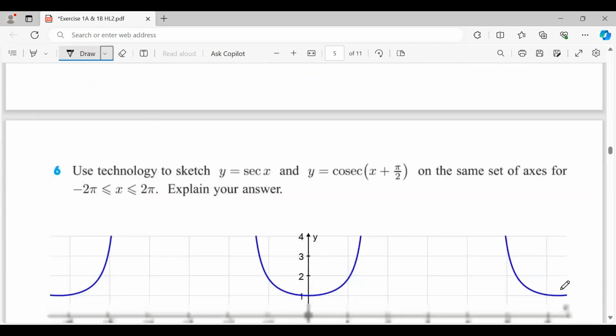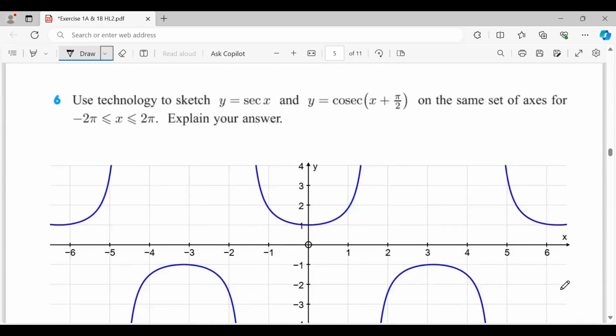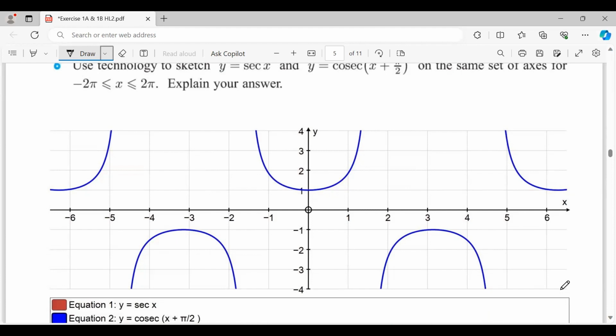Okay, let's move to number 6. Use technology to sketch y equals secant x and y equals cosecant of x plus pi half on the same set of axes for x interval negative 2 pi to 2 pi. Explain your answer. This I have explained. I have sketched the graph of y equals secant x and y equals cosecant of x plus pi half.